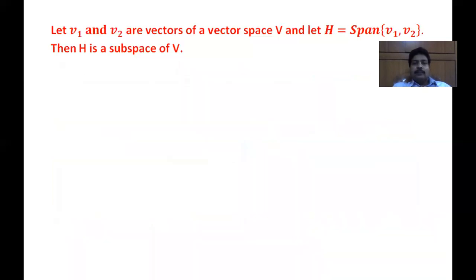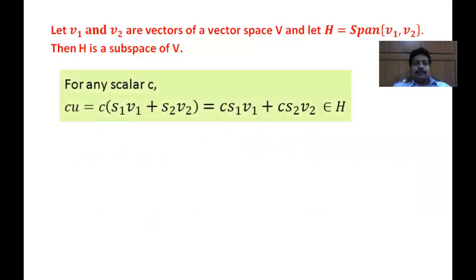So similarly, we can prove that for any scalar C, C times U is S1 V1 plus S2 V2, that is equal to CS1 V1 plus CS2 V2, by using the properties in a vector space. We have distributive laws there.